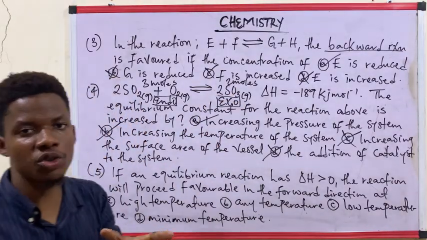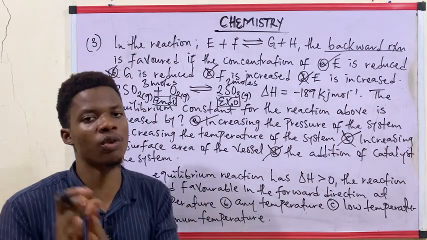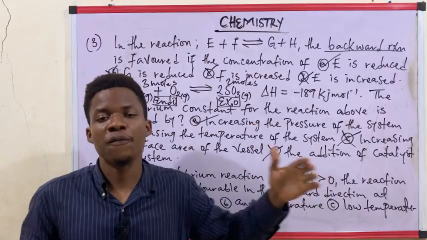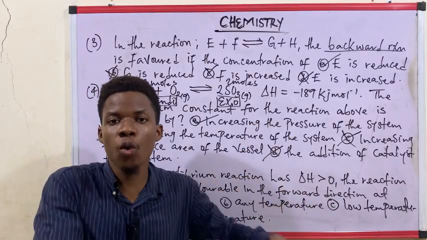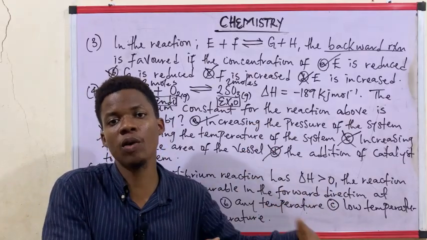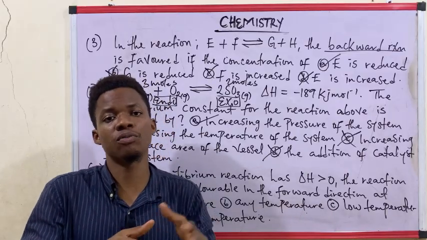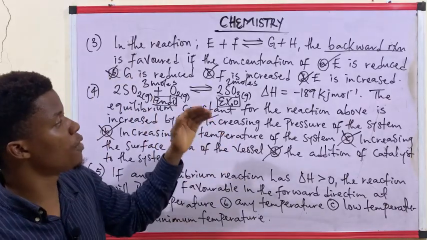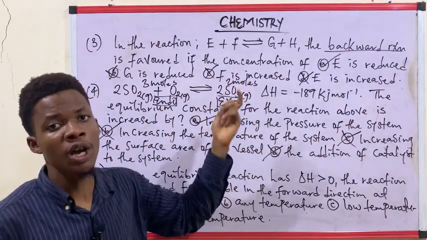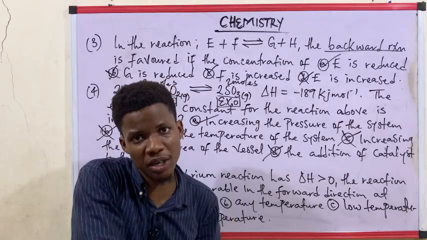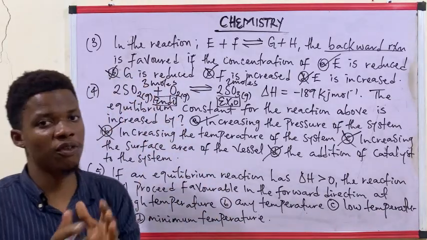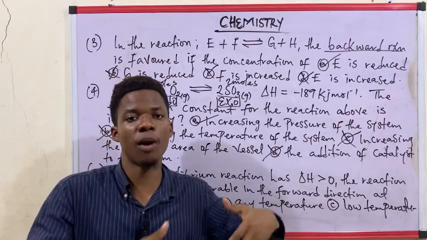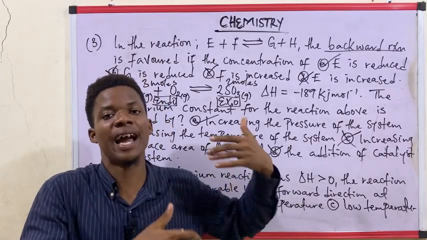I told us in my previous video, please make sure you watch that video. Increasing pressure favors the part with a lower number of moles, while decreasing pressure favors the part with a higher number of moles, or a higher volume.